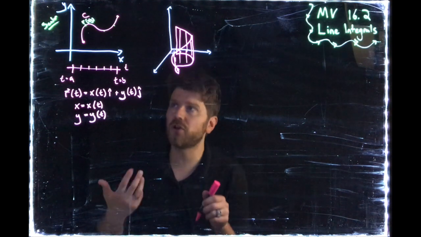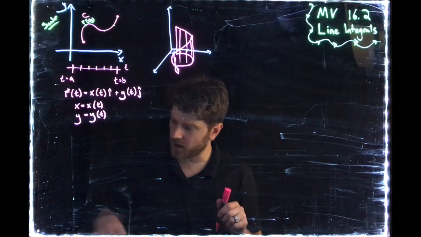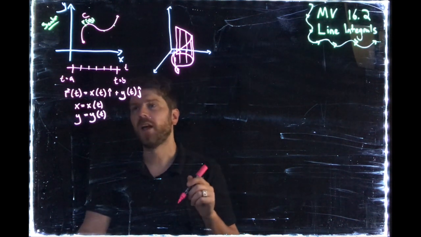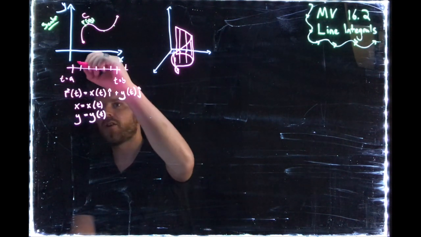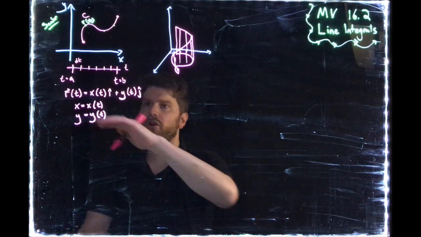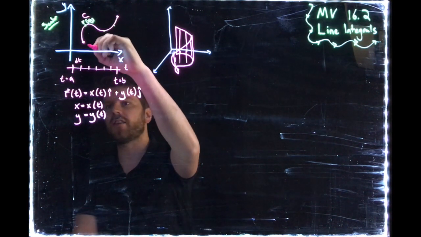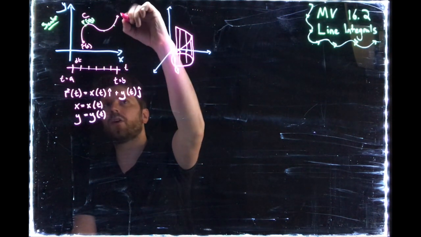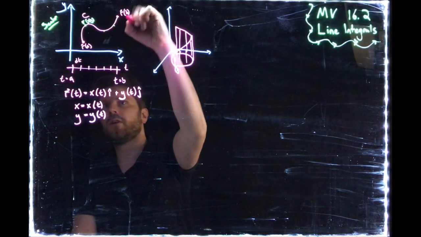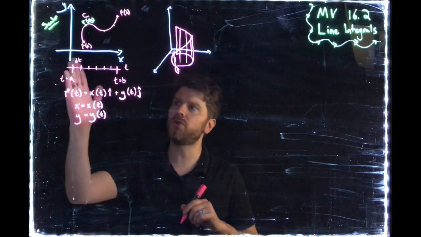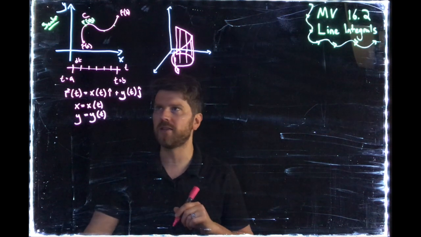Well, anytime we want to do an integral like this, we have to cut things up. And so what we're actually going to do is cut up our interval in time, in our parameter t. So we're going to slice our parameter t. And here t goes from a to b. And so let's just say that we start at r of a and we go up to r of b. We're going to slice up that parameter into little elements dt.